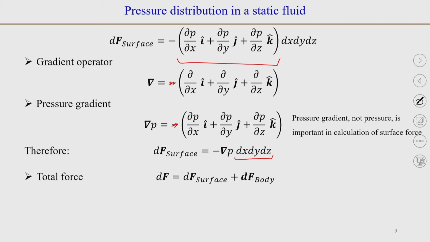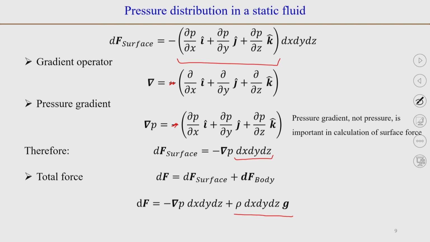So, now we can combine the body and surface forces and obtain total force on this fluid element. We might recall from the previous slide that the total body force is mg, which is rho, where rho is density, into dV, dV is dx dy dz, into g.